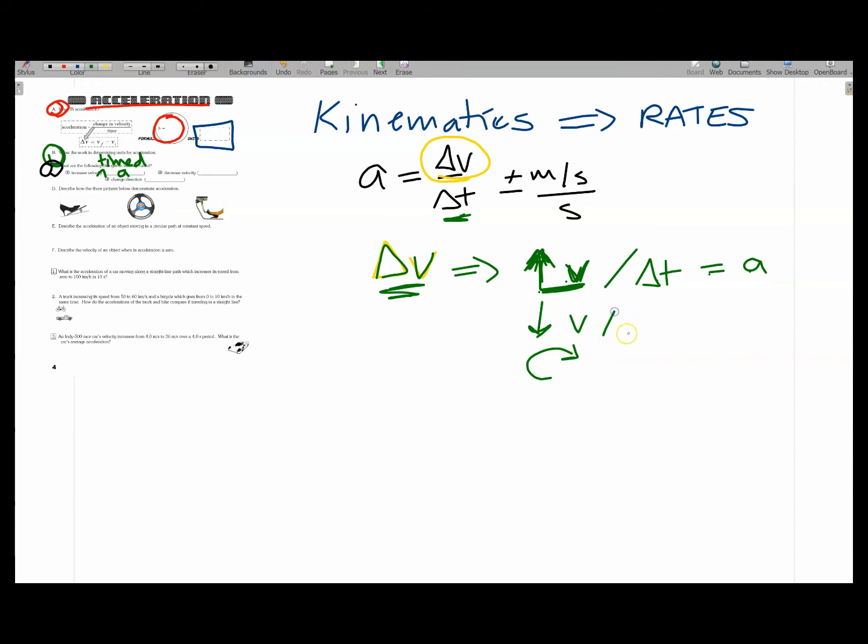If I were to time how long it took me to decrease my velocity, that's also an acceleration. Now, outside of a physics classroom, we probably would call that a deceleration. That's perfectly fine, but do recognize it's a form of acceleration. It is timing going slower.